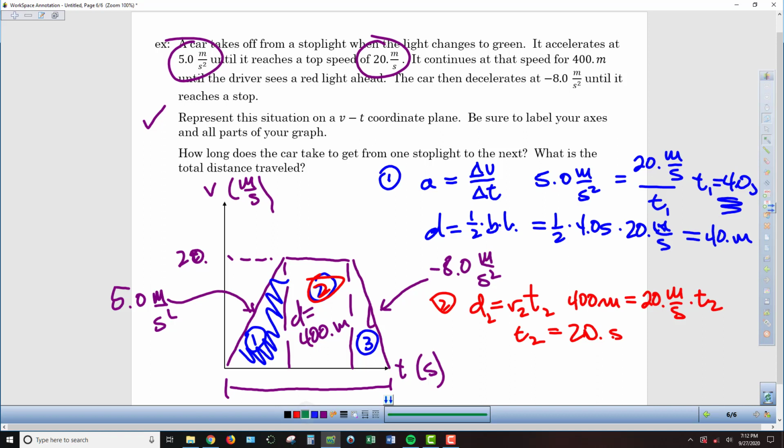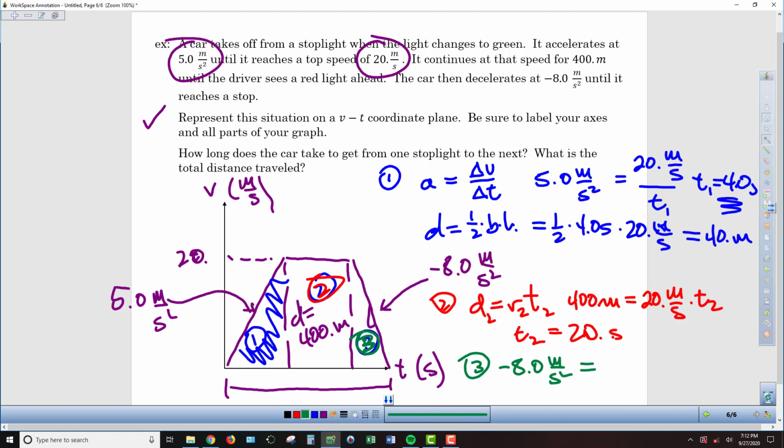And so then finally, if we go to green here for segment 3, the deceleration phase, we're going to have to approach it the same way that we did the first phase of our journey. So we've got acceleration, or deceleration in this time, is going to be that negative 8 meters per second squared.